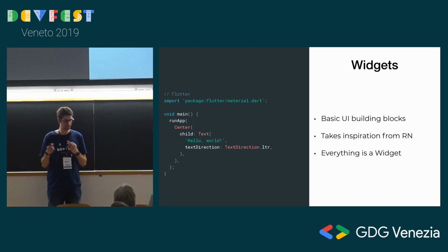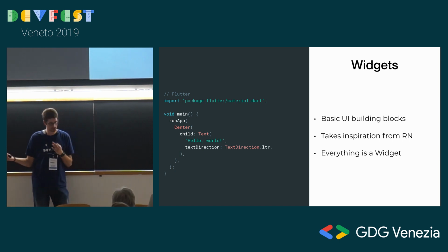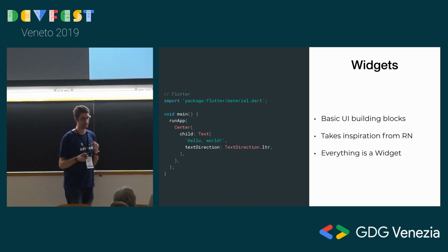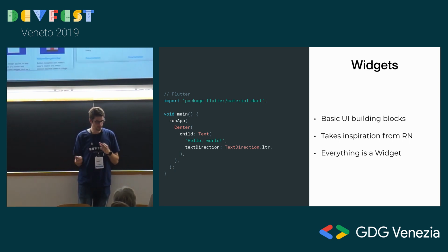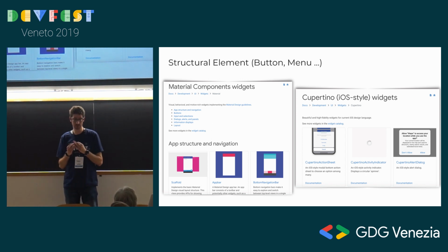And they took inspiration from React Native. Google wrote in the documentation that it takes inspiration from React Native. And in Flutter, everything is a widget. The application itself is a widget.